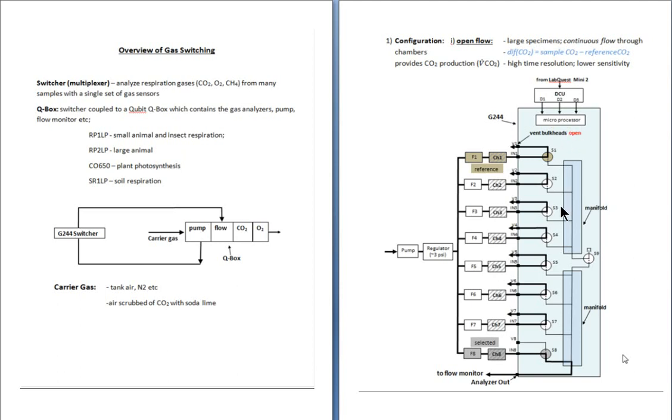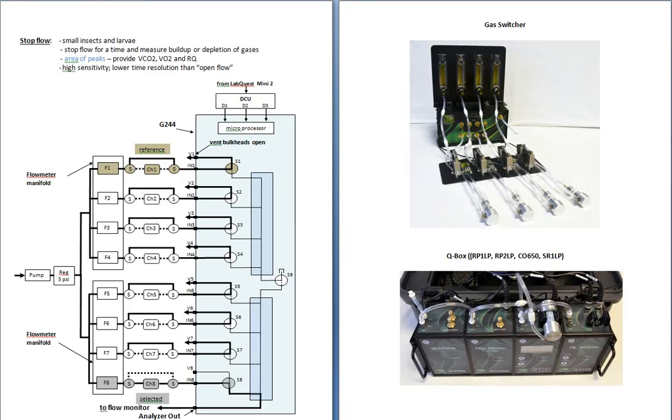I'll now discuss stop flow configuration. As I said earlier, it's designed for very small respiration rates, such as that from insects and larvae. You can actually measure down to just a few small insects, such as Drosophila or mosquitoes.